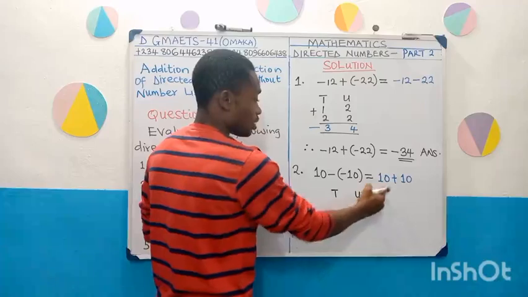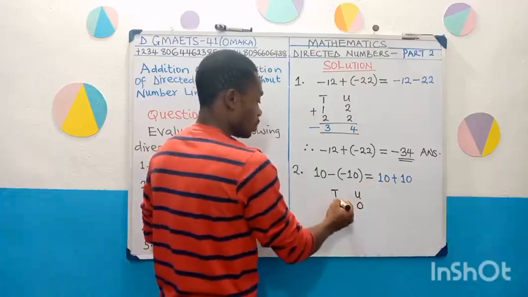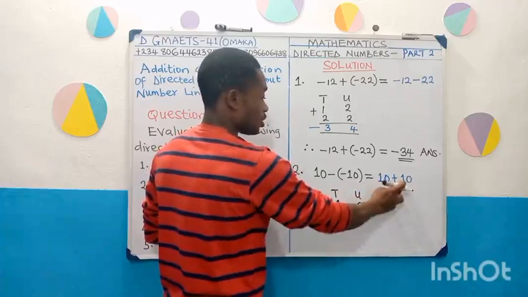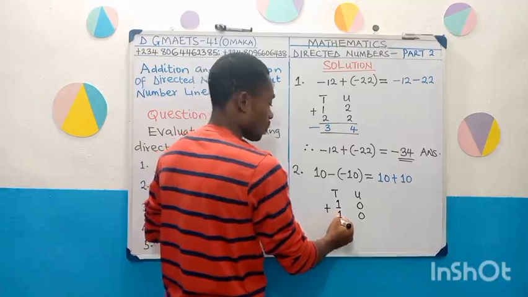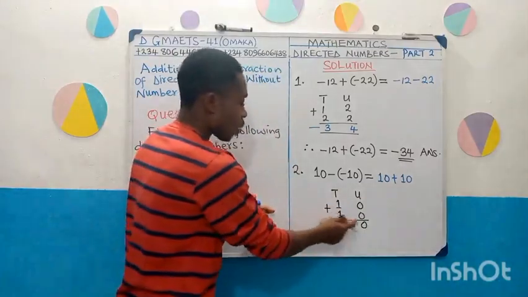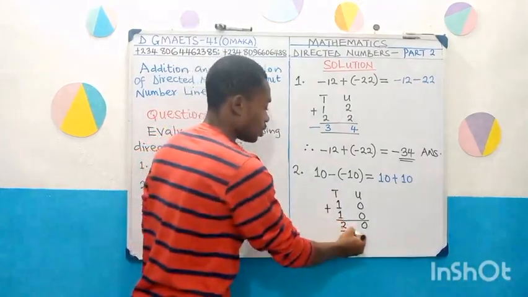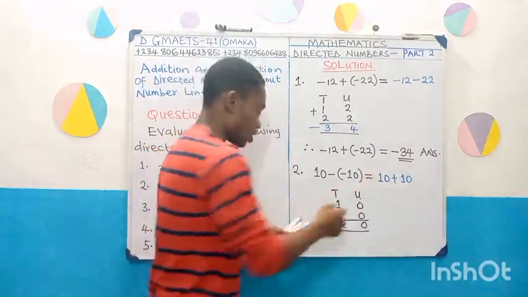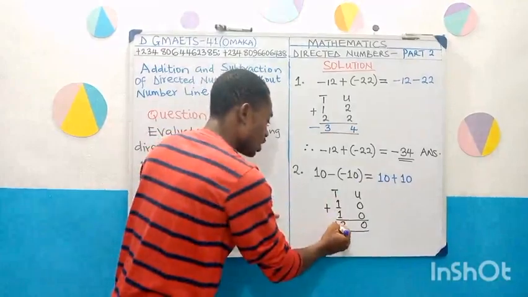This 10 here, I'll write 0 under units, 1 under tens, then I'll put my plus, 0 under units, this 1 under tens. Then you add 0 plus 0 is 0, you start from units, 1 plus 1 is 2. Good. Now here, which sign will I pick? Remember that both of them have plus plus. So the sign that will go with the answer is plus.